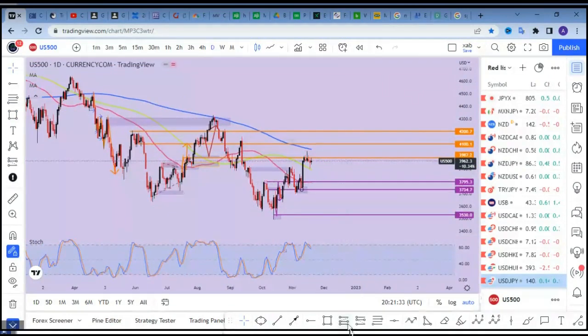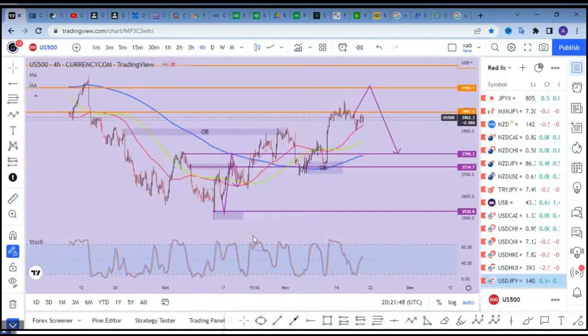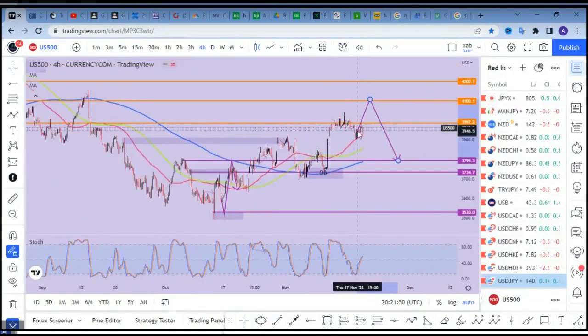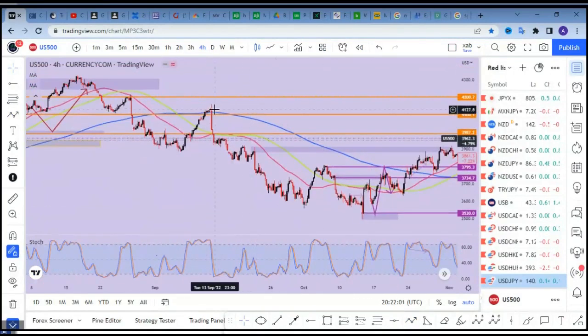However, on US 500, we're talking about temporary weakness on the dollar, so we could see this, then this. So we could see a temporary buy, some temporary bullish movements, and then from the bullish movements, we can anticipate a sell from this huge supply zone.